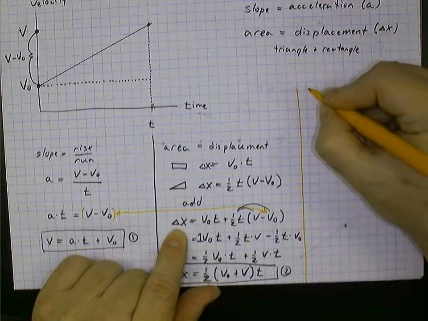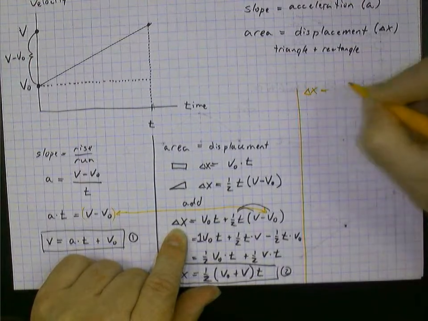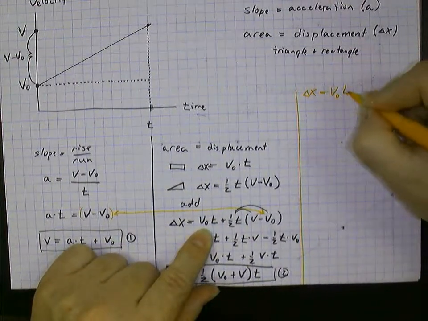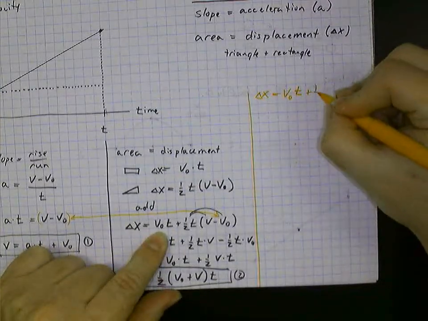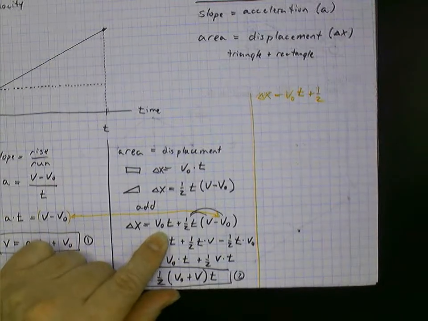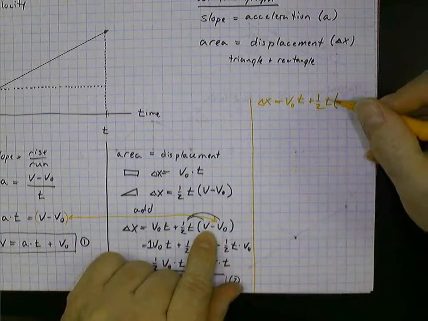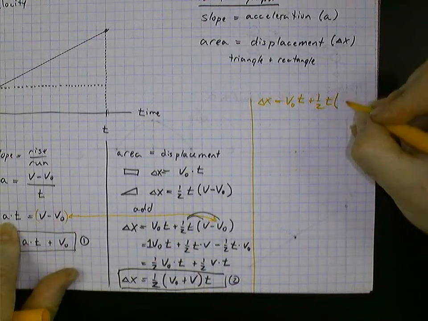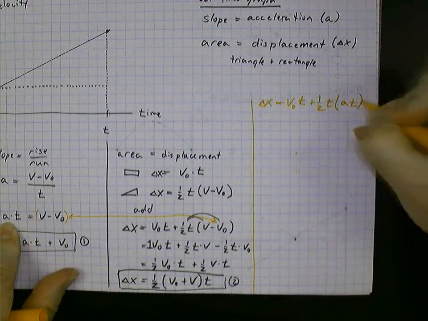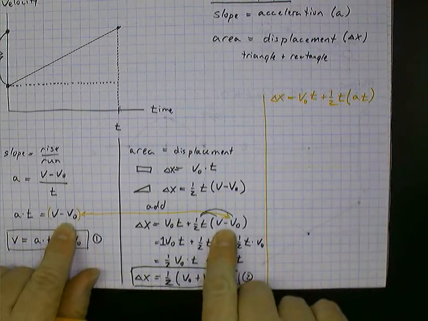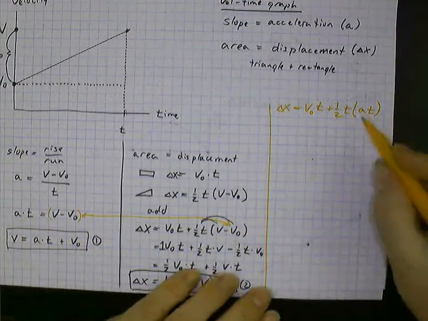So starting here at delta x again, delta x equals v0 times t plus 1/2 times t, and then in place of v minus v0, I have a times t, because v minus v0 is the same thing as at, so I can substitute.